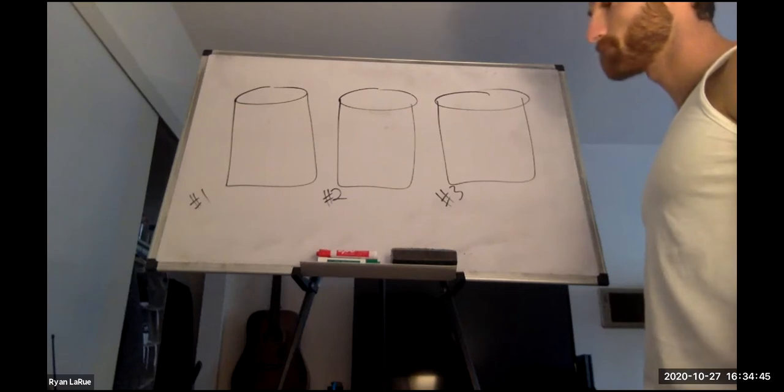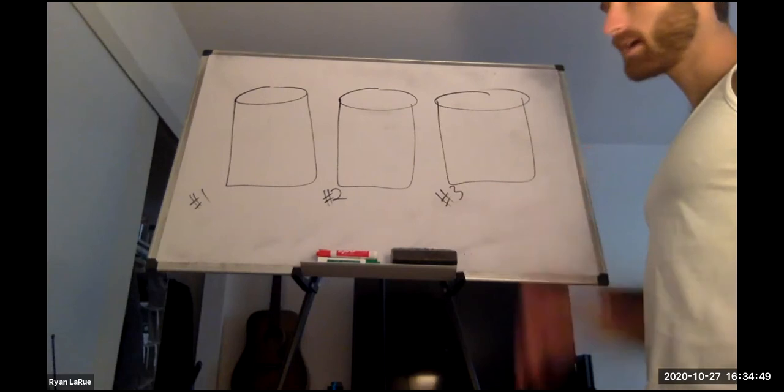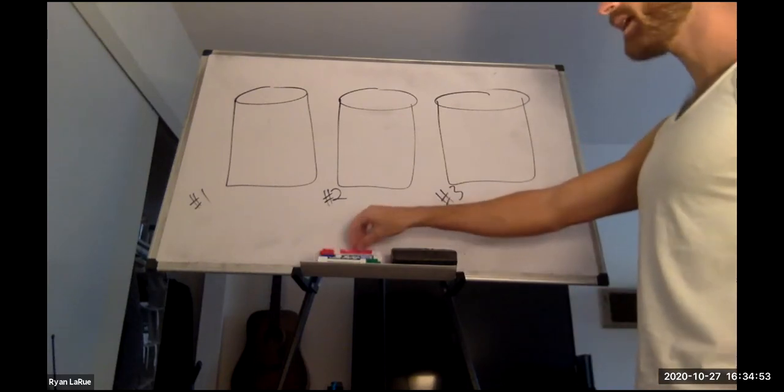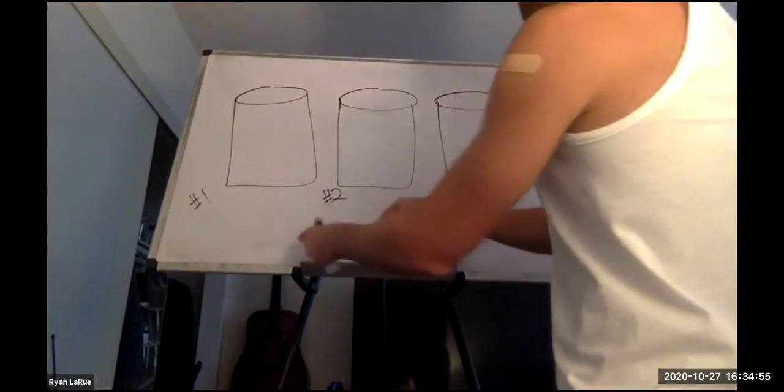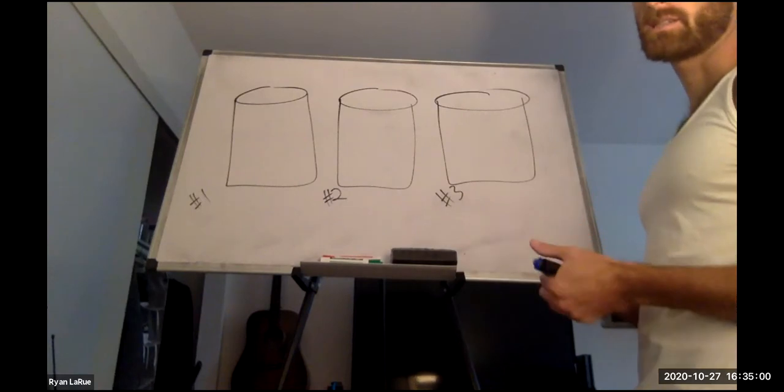And my 3 beakers are going to have 3 different solutions in them of water and salt. They're all going to contain water and salt, but different concentrations of each.